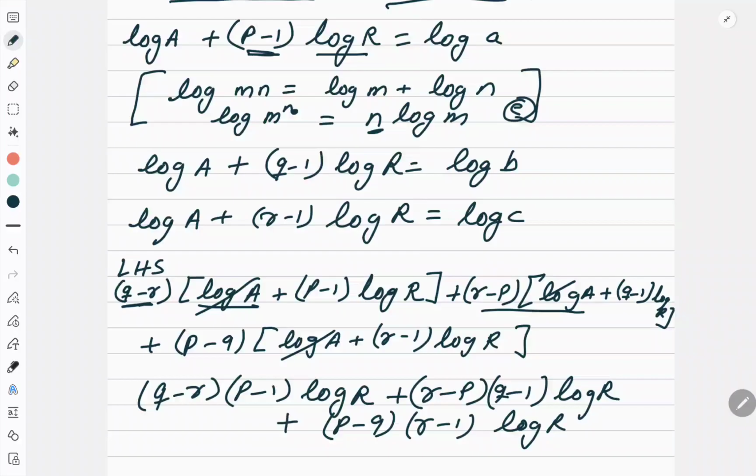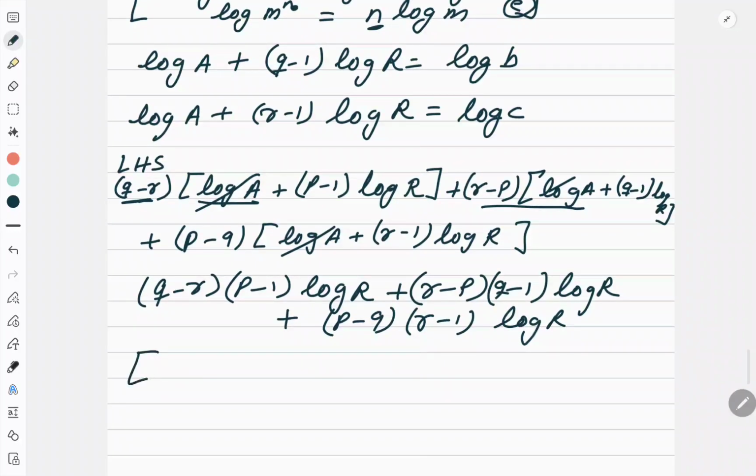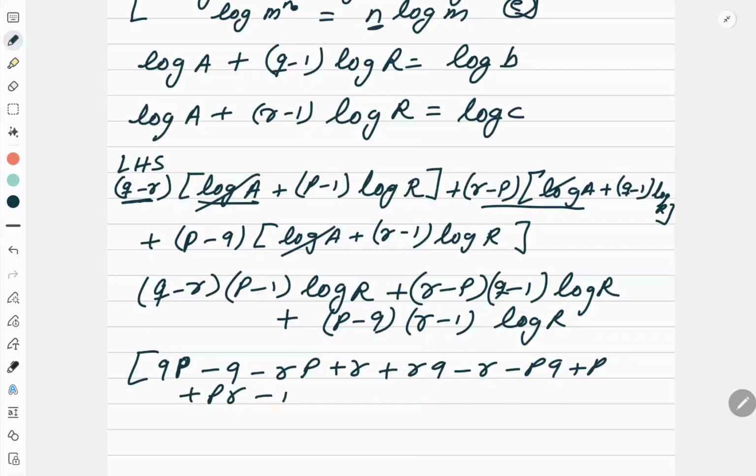Again, take log R common. If you take log R common, in the bracket what is left? QP minus Q minus RP plus RQ minus R minus PQ plus P plus PR minus P minus QR plus Q. Now outside is log R. Now look at the terms.